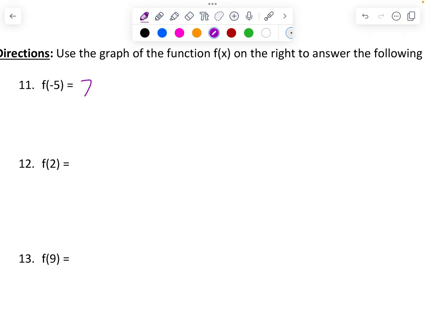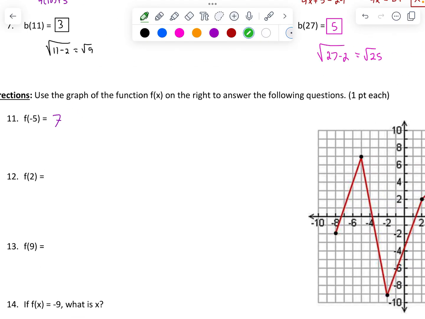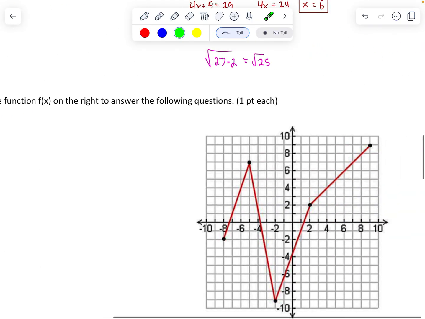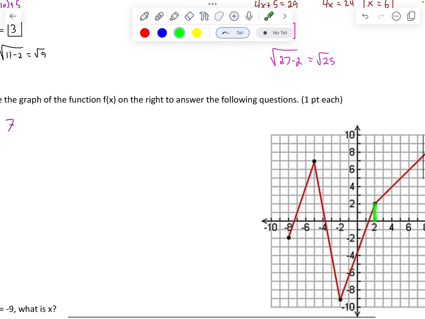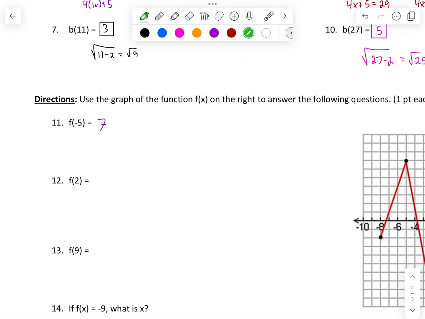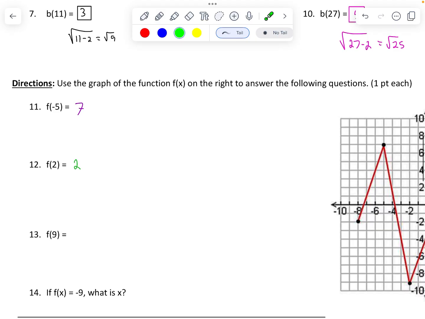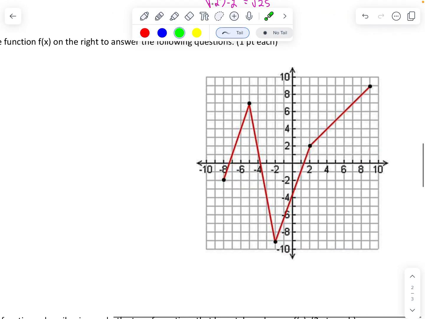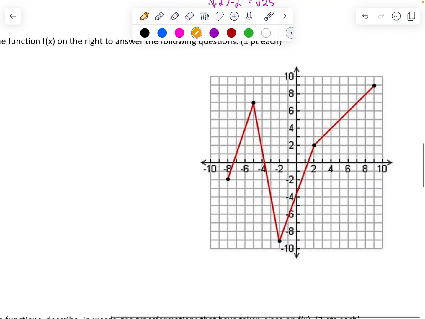So you get 7. F of 2, same thing, find when x is 2 right here, and y is 2. And then f of 9, again, that means x is 9, find your y value, and it's 9.